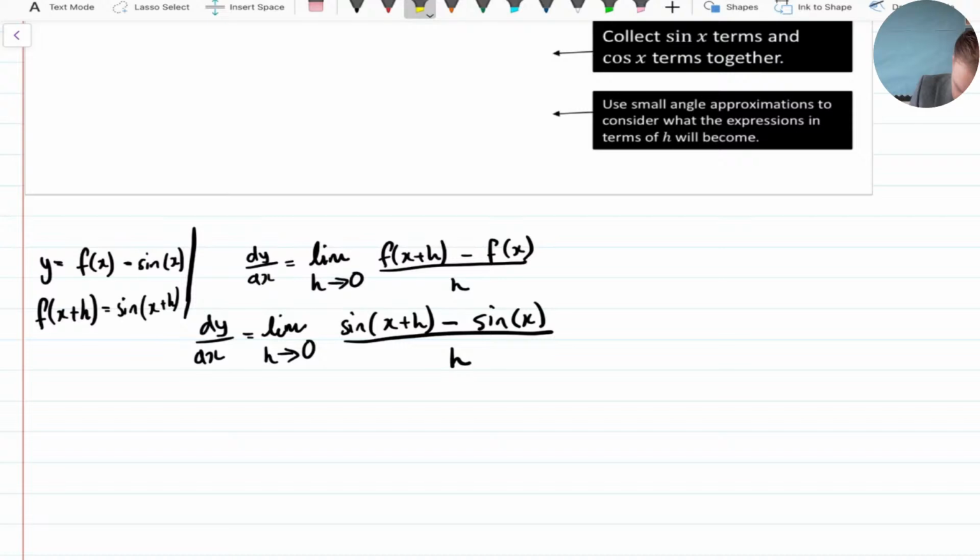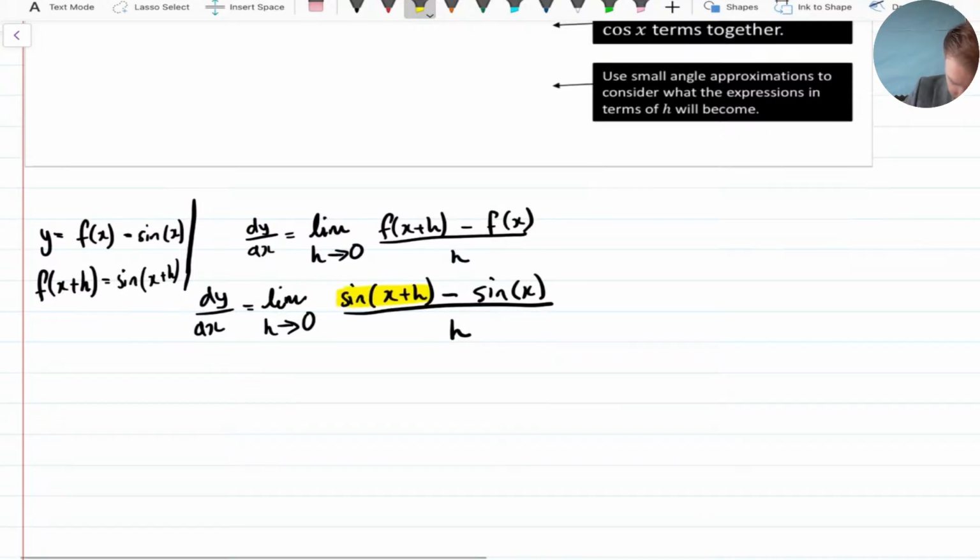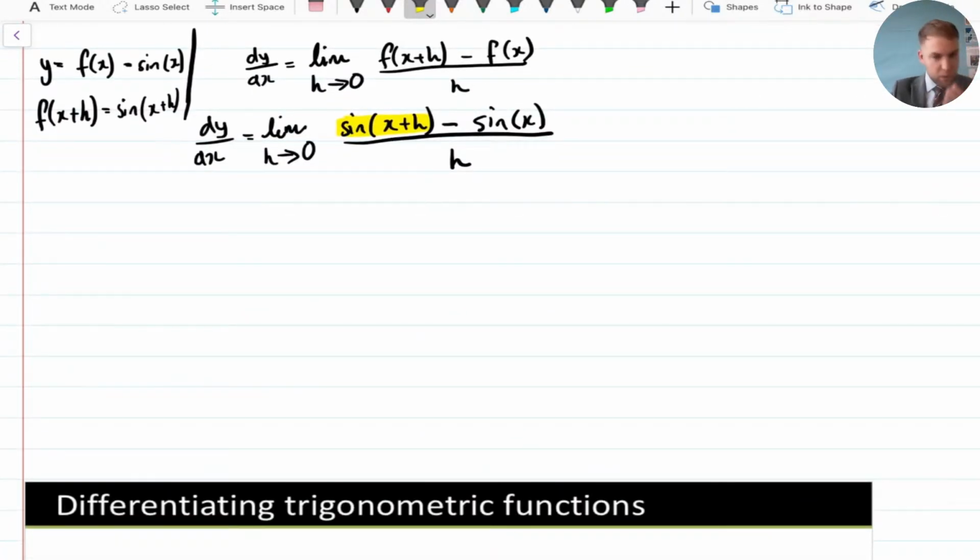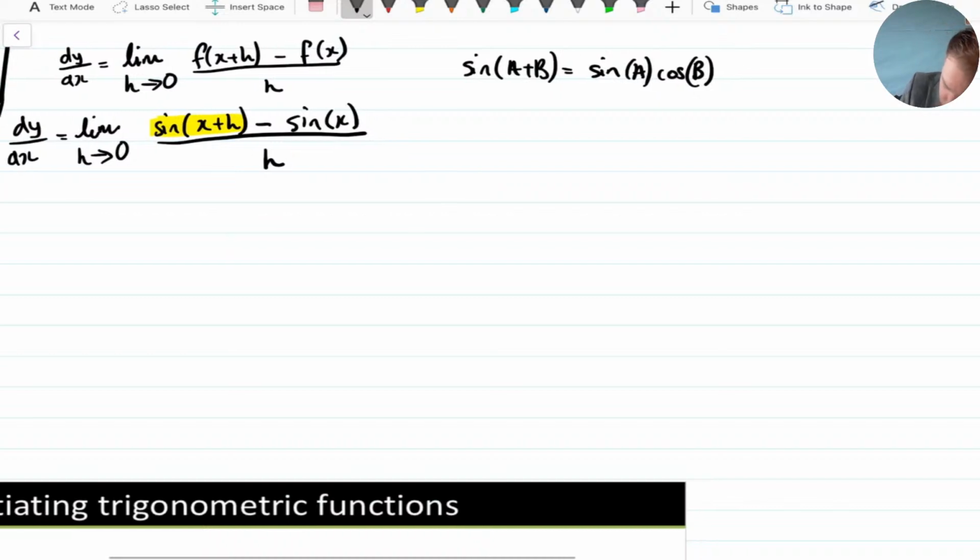Now, the problem we've got is this part here, okay? And with this part here, we need to split it up. So to split it up, we're going to use our double angle formulas, which is sine of A plus B is equal to sine of A cos of B plus cos of A sine of B. We know that.